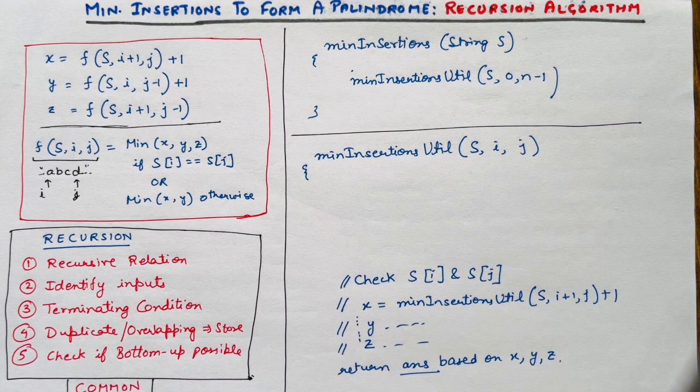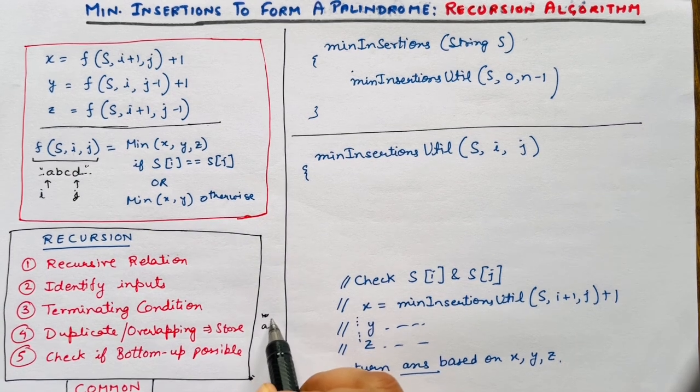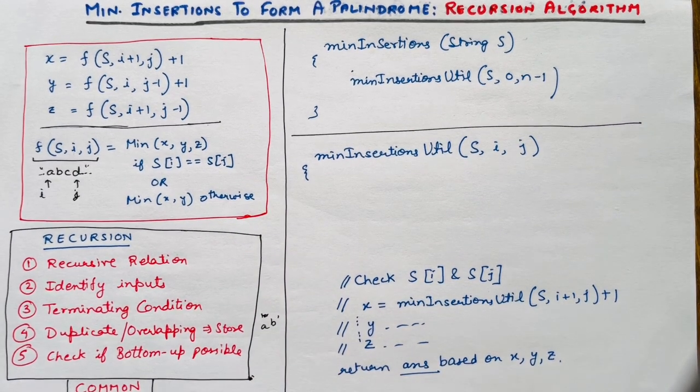Now consider substring of length 1. What will be the minimum insertions required to form a palindrome for substring of length 1? Substring of length 1 is already a palindrome, so minimum insertions required will be 0. While for substring of length 2, let's say if it is AB, then we need just one character to form a palindrome, ABA.